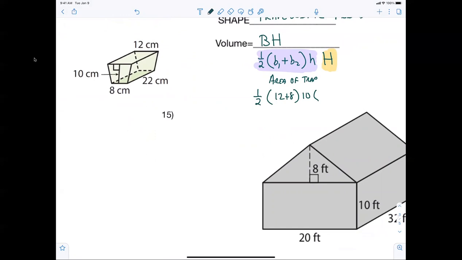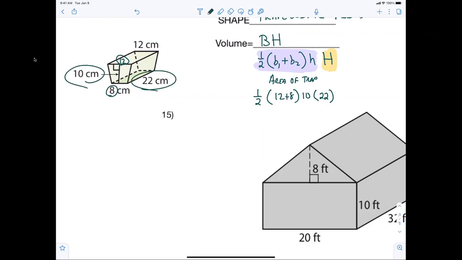No. The height of the trapezoid is 10. The height of the prism is 22. All right, now look, there's not much I can do for you if you can't see that. This is base 1, base 2. This is the height times the height of the prism.